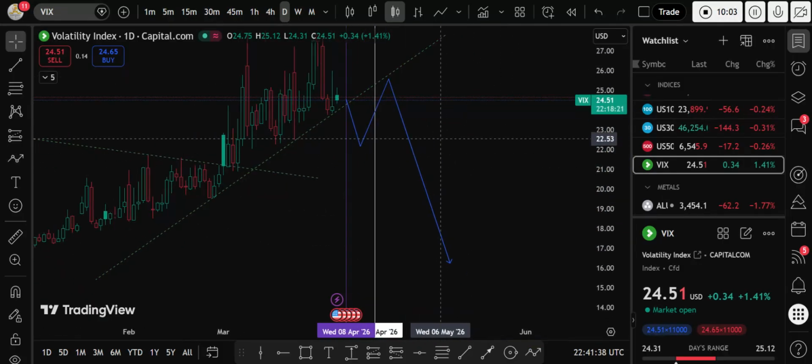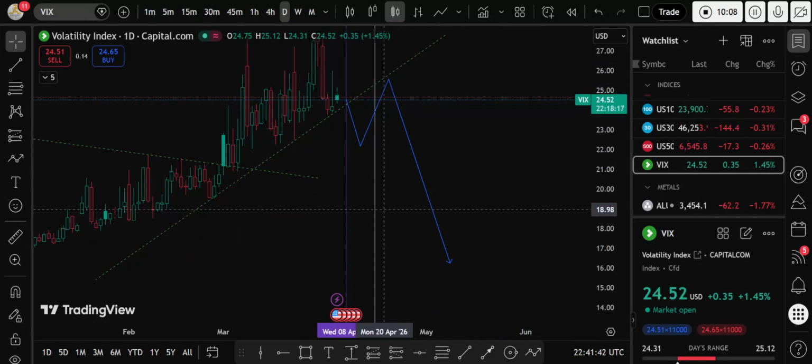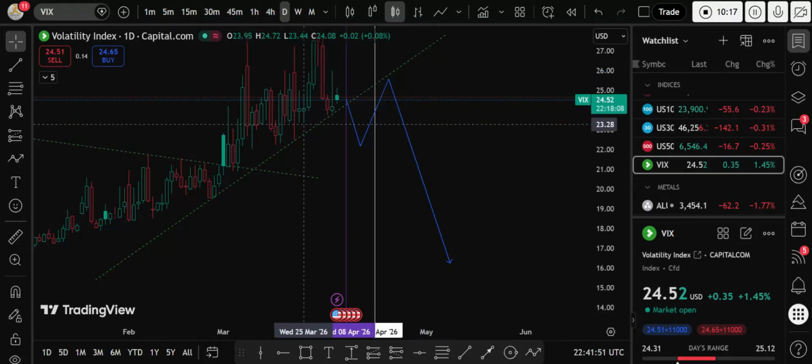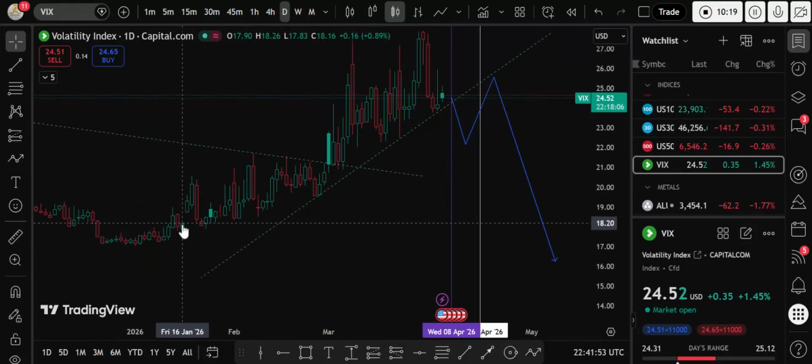Now remember, if the VIX is going down, it means the S&P 500 will be going up. So very soon, I know a bull market will come, even though the VIX went up this week and the S&P also fell.